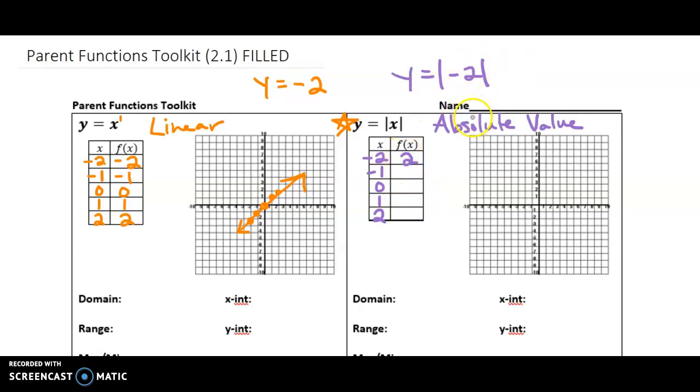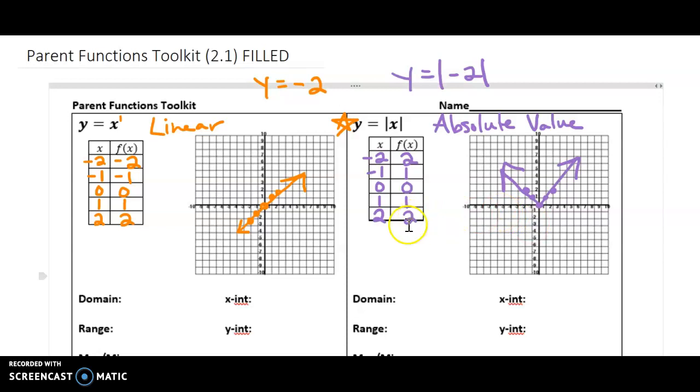So essentially what our absolute value is doing is making whatever's inside of our absolute value positive. So the absolute value of -1 is +1, 0, +1, +2. When we graph those points, we see what looks like a V shape.